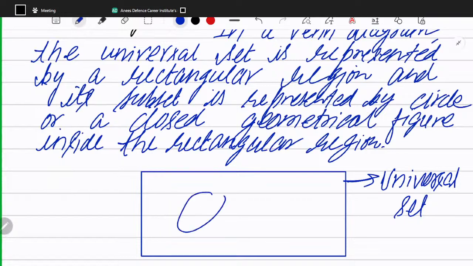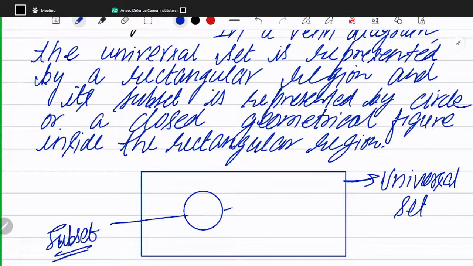This is the subset. This is A, this is U. Then any subset can be represented geometrically by a closed region inside the rectangle, which represents a universal set.